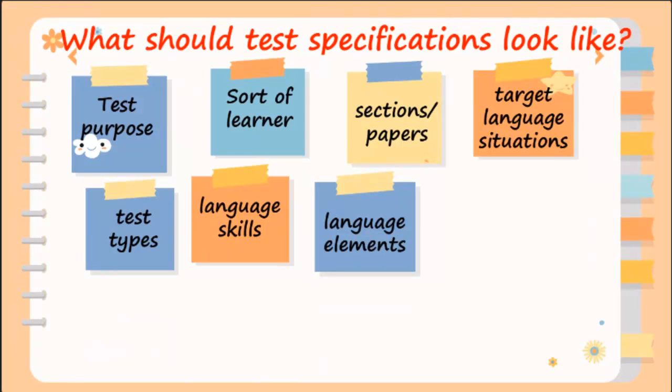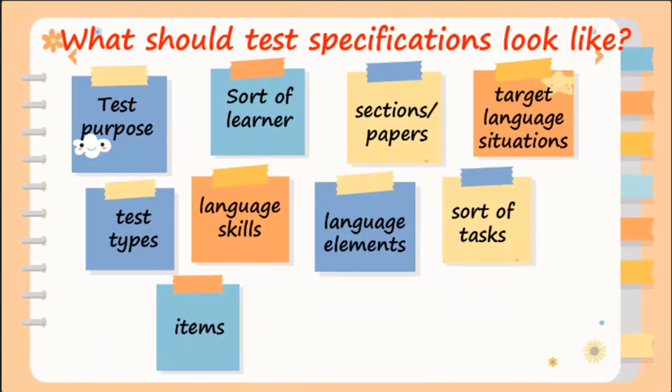And the next one is about the language elements. Is there going to be a list of grammatical structures, the features to be included? Is there a lexical specification, some word or frequency list? Are notions and functions, speech acts or pragmatic features specified? And the next one is about the sort of task. What sort of tasks are required? Discrete point or integrative?